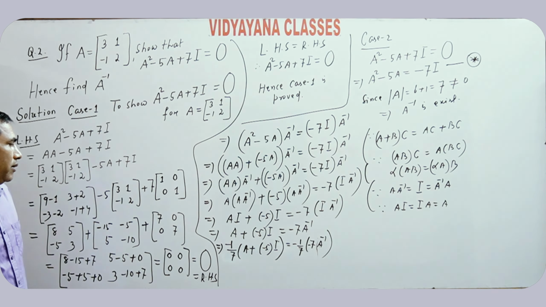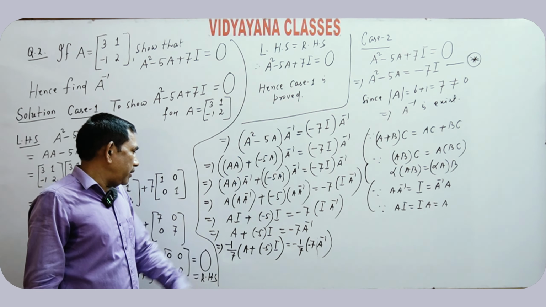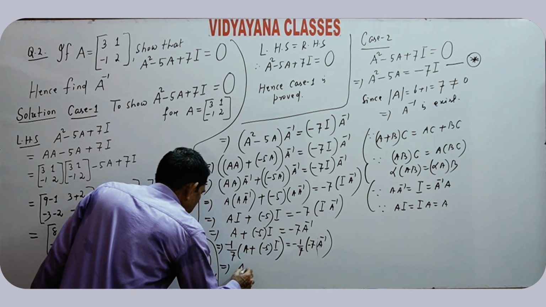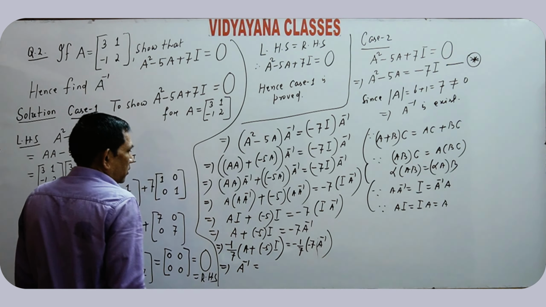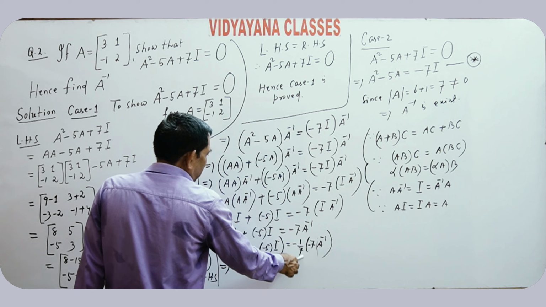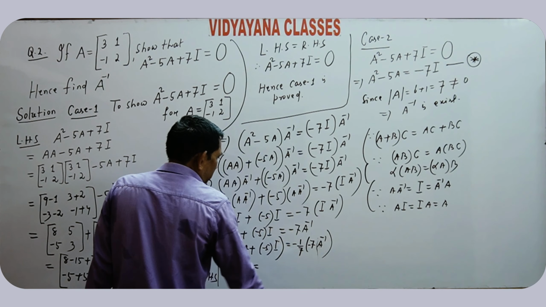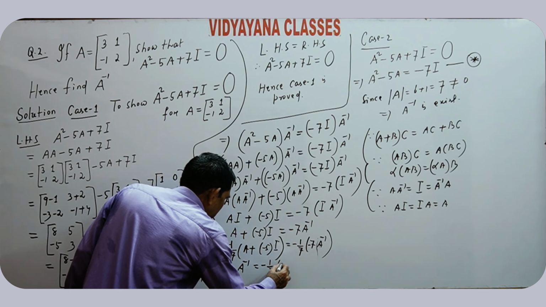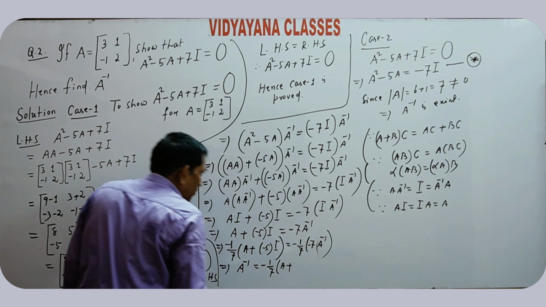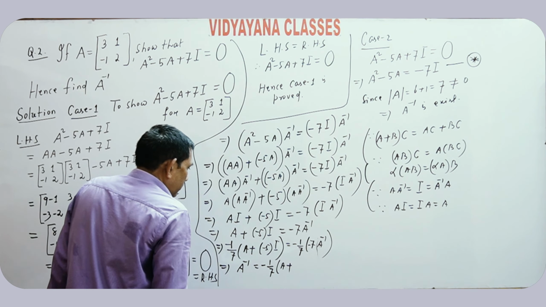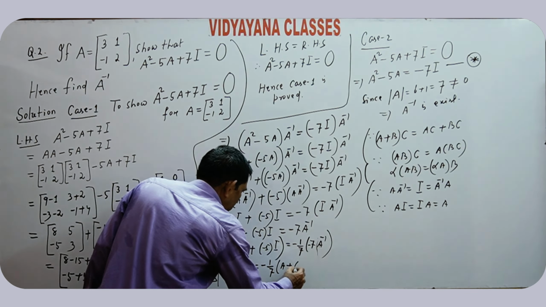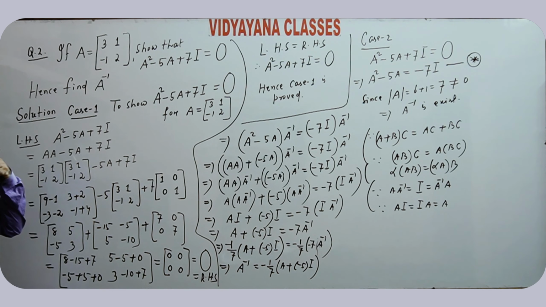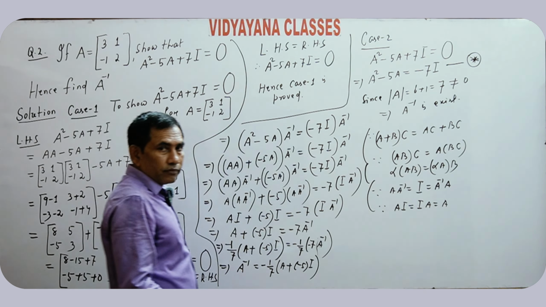Multiplying minus 1 by 7 both sides, A inverse is equal to minus 1 by 7 into A plus minus 5 into I. Clear? Okay.